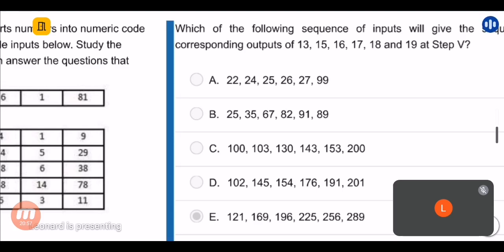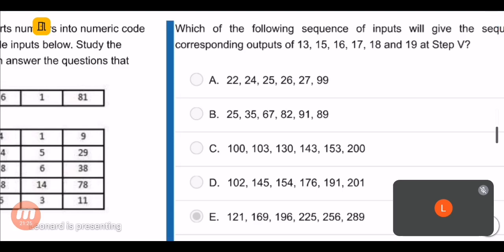It's 11. 11 squared is 121. So that is the only one.